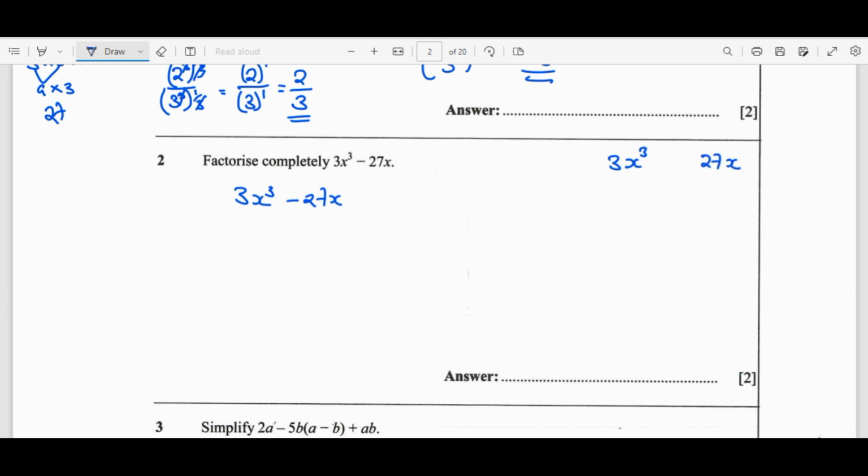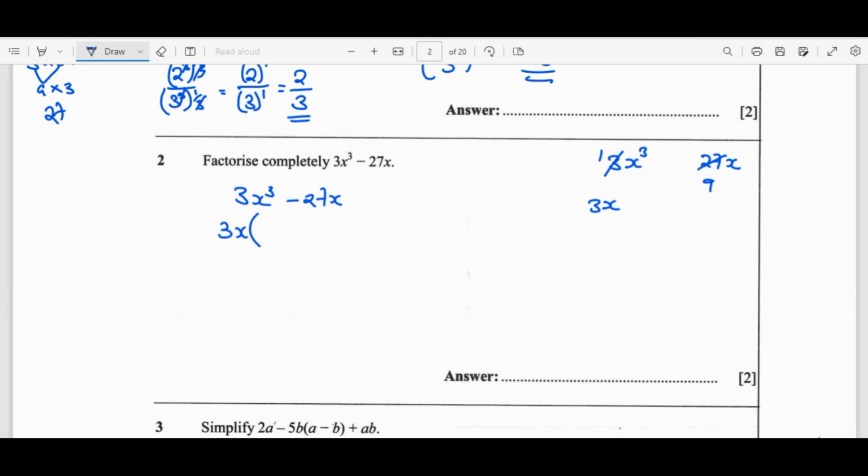What is common here is that 3 into 3 is 1, and then 3 into 27 is 9. So in this case, what is common is 3x. So 3x is common.